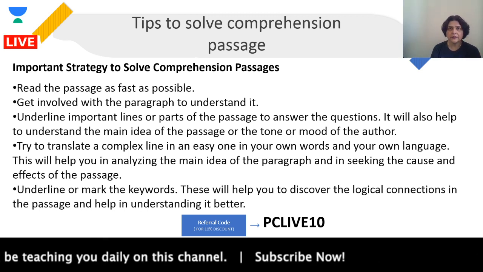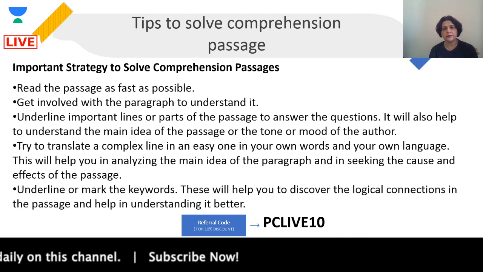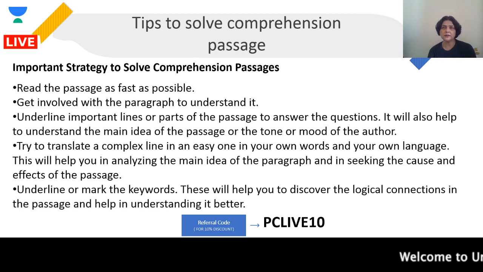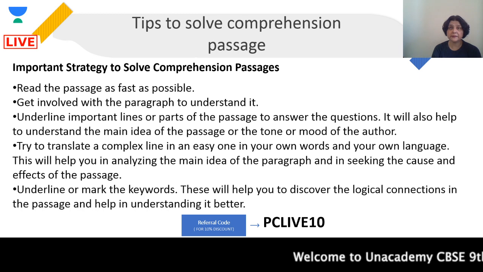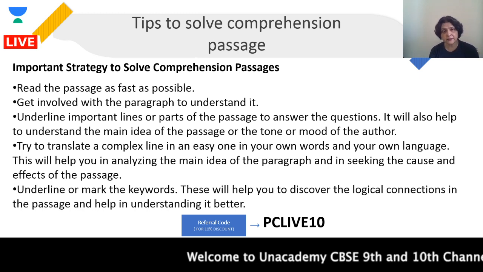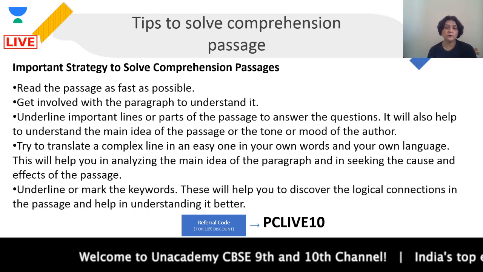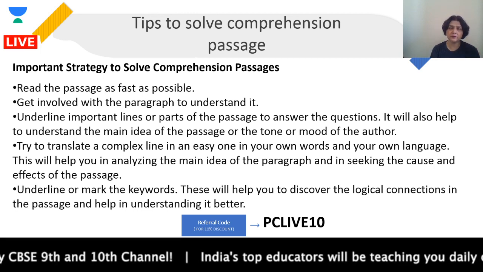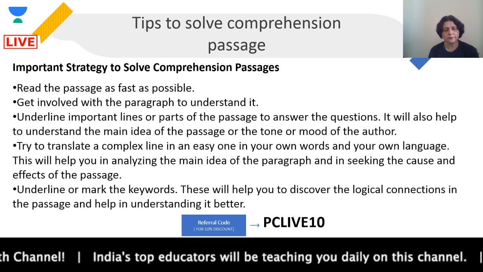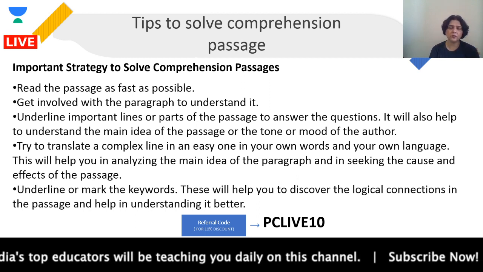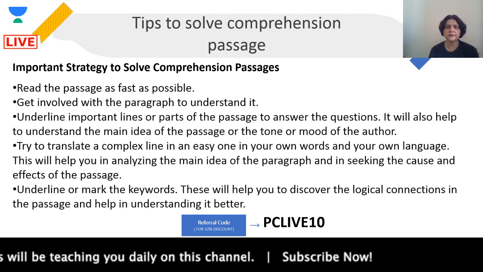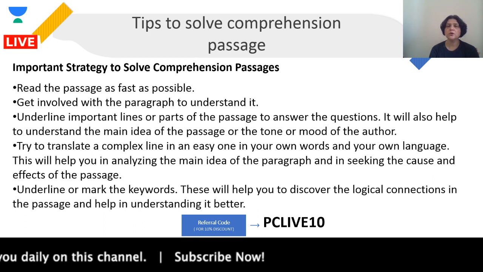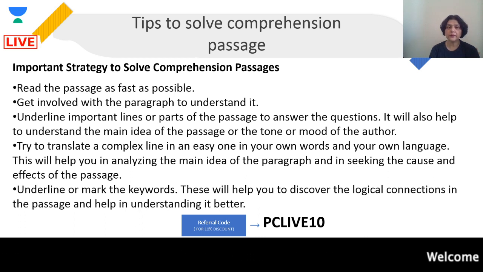In that case, if you have read the passage thoroughly, you will have to understand what the author is trying to express, and while expressing, what kind of tone the author has adopted. To solve such a question, you will have to understand the tone and mood of the author, which is expressed in that particular passage.